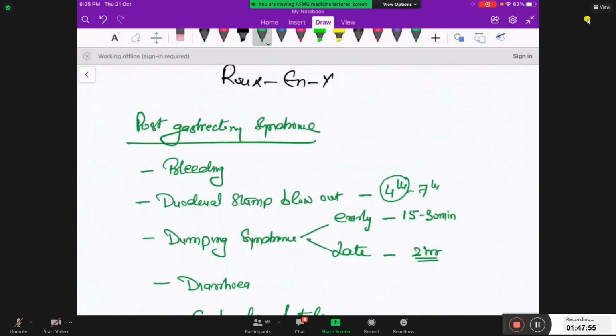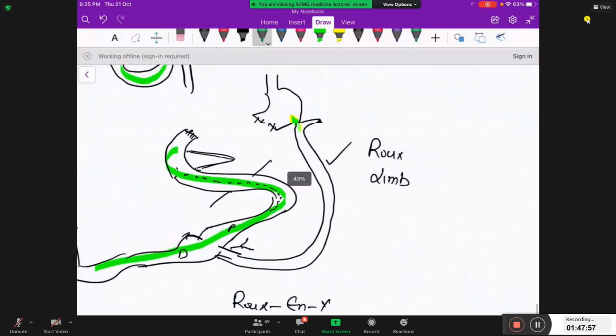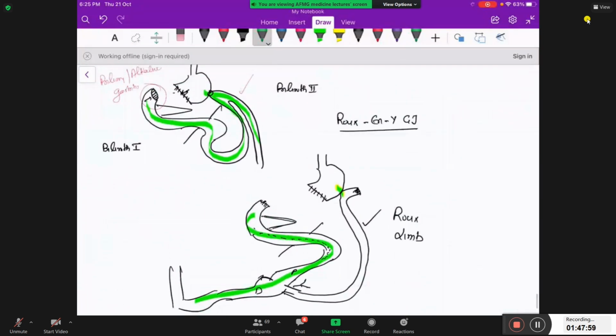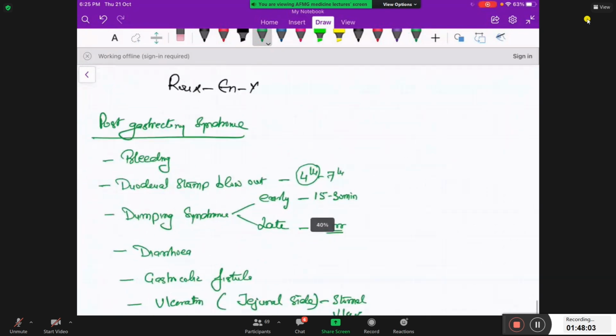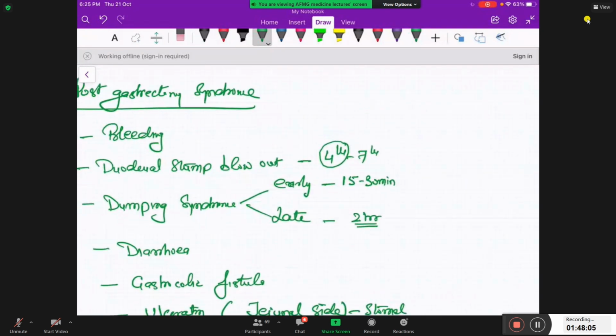Look, what is it? You have anastomosed jejunum to stomach, and jejunum is not supposed to receive stomach content directly.